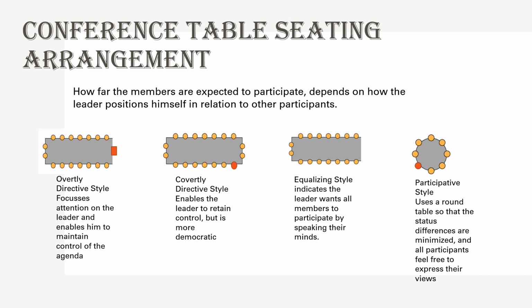Therefore, one-on-one talking is restricted here. Whereas in the participative style, you may appreciate people, you may interject in between looking at the person, and it is very convenient. Therefore, the participative seating style can be used when you want the maximum people to participate and contribute in a meeting.